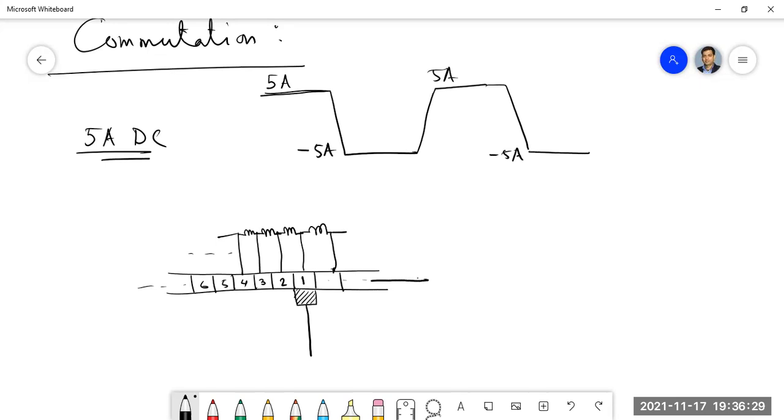Now the thing is, which is actually rotating? Is it the brush or the commutator?